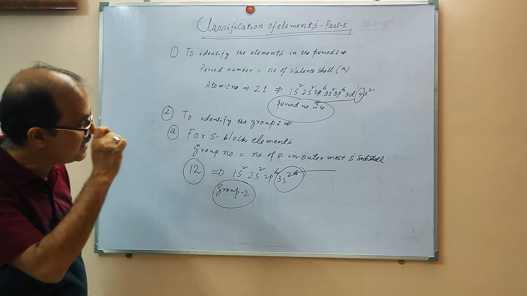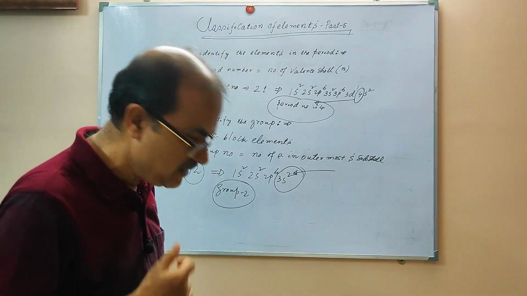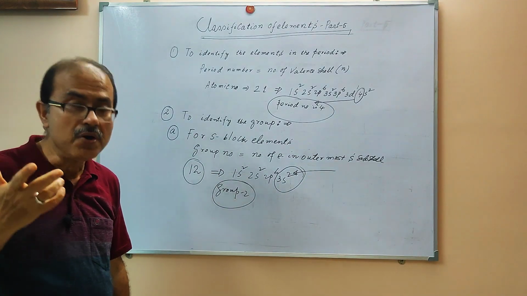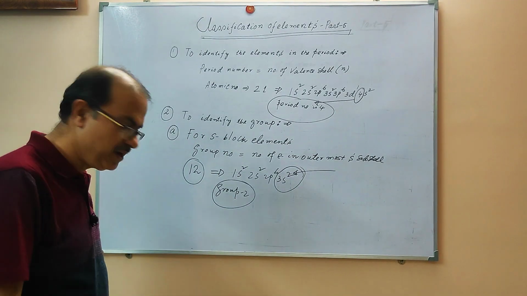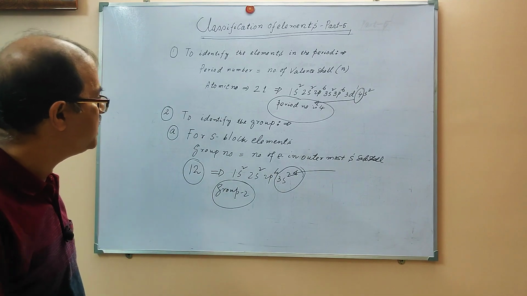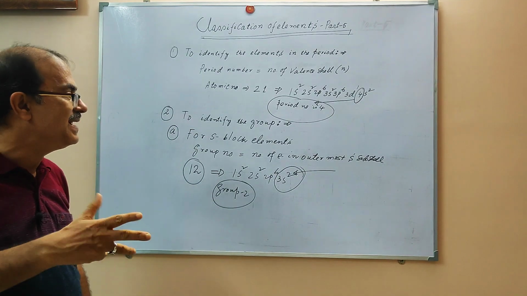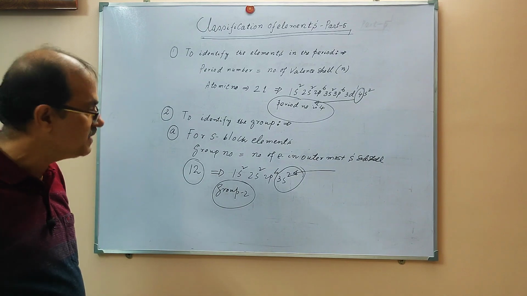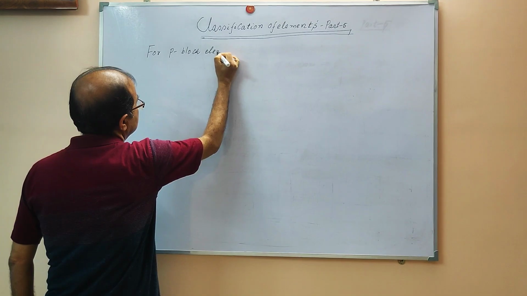So we understand that for the S block element, the group number is equal to the number of electrons in the outermost S subshell. I think that is understood; it is very easy. Now we go to the P block element, D block and F block.